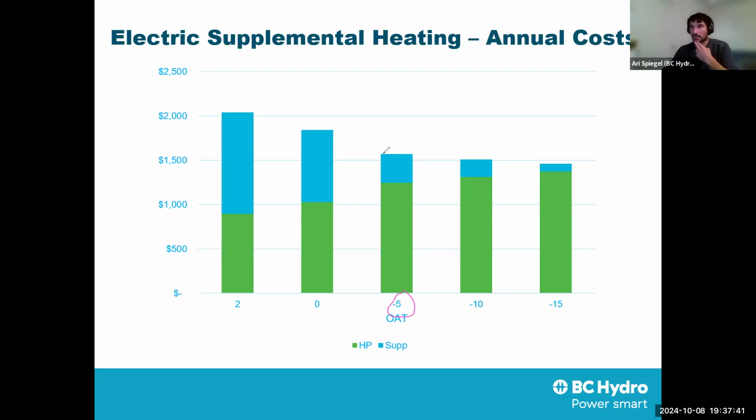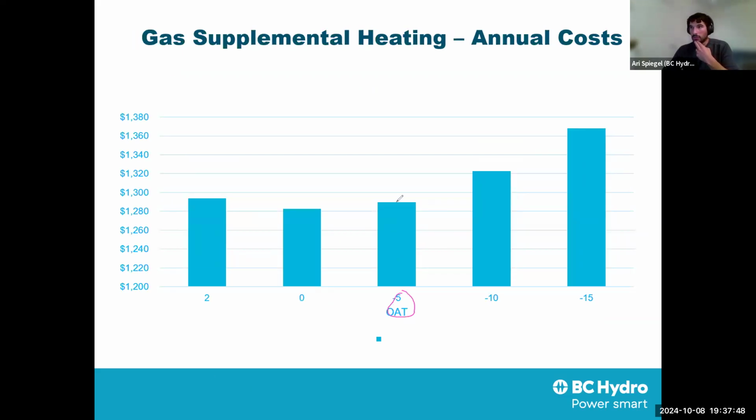If you go with the electric supplemental system, we're looking at, call it, $1,600 a year. If we're going with a gas system, it's going to be closer to $1,300. So it's roughly $300 in savings to use a dual fuel system versus electric supplemental.